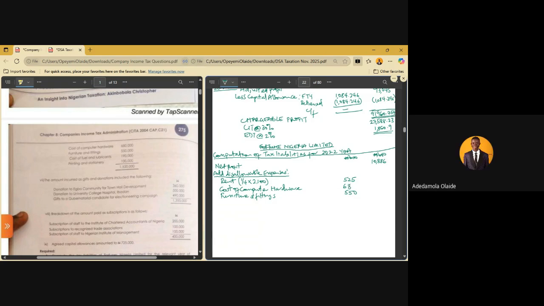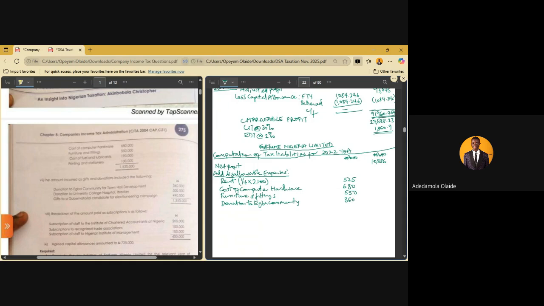That one is, yeah, so cost of fuel and lubricant is allowable. Printing and stationery allowable. Donation to Egba community. Egba community is not in Schedule 5 of SITA. So that would be allowable, 360.